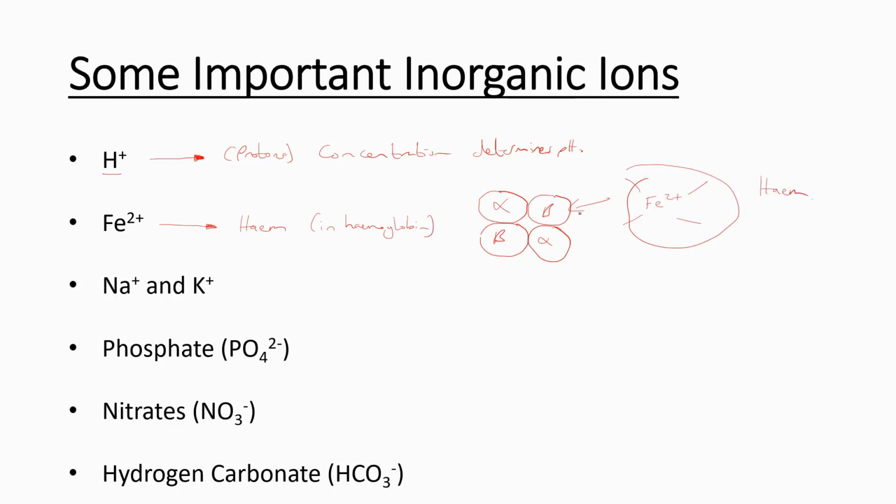Now the iron 2+ binds one oxygen molecule. So it will bind O2. Imagine that O2 has a double bond. It's going to bond to the iron, and both oxygens will bond to the iron. So each Fe2+ will bind to one O2 molecule.